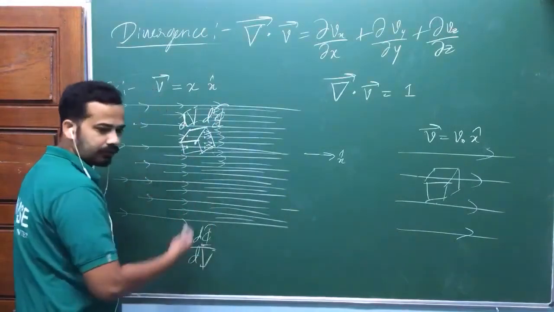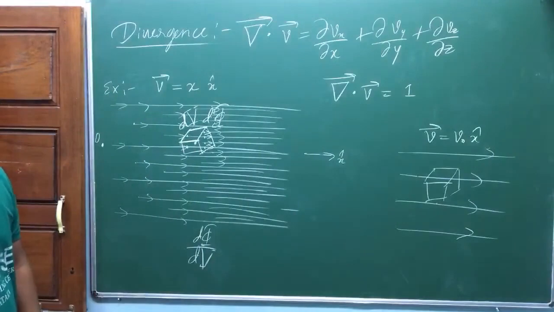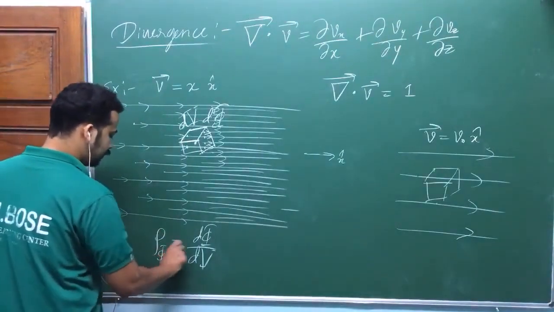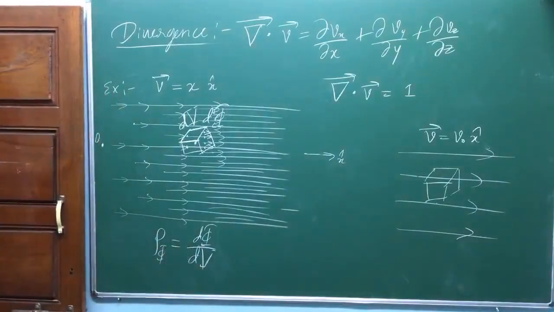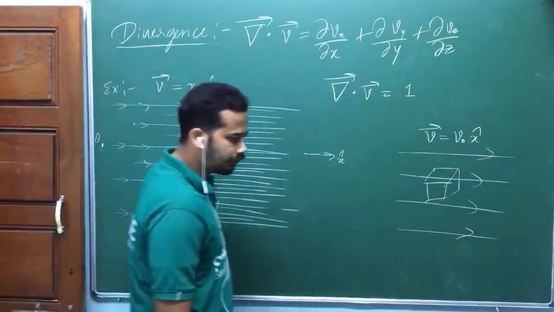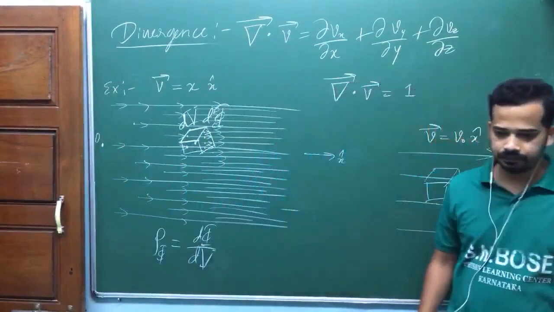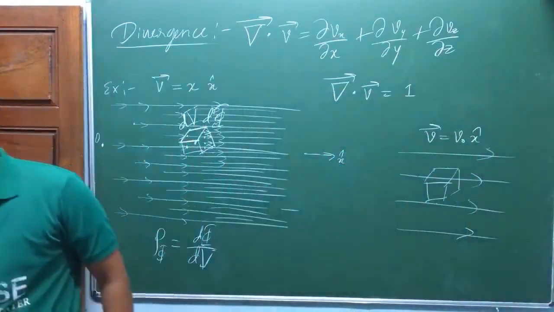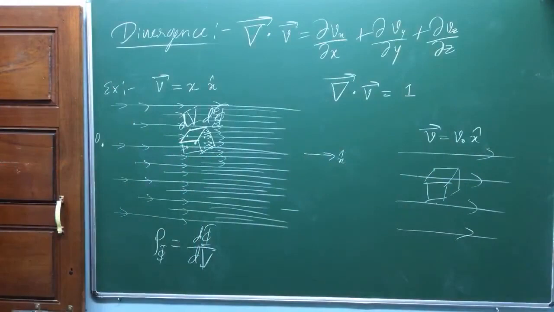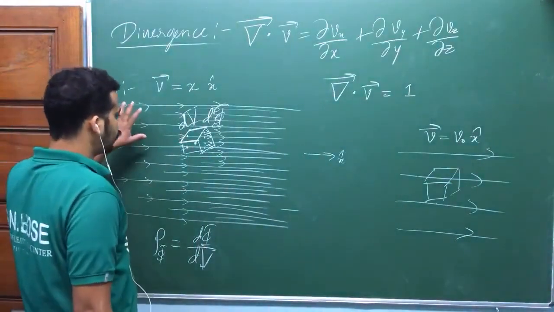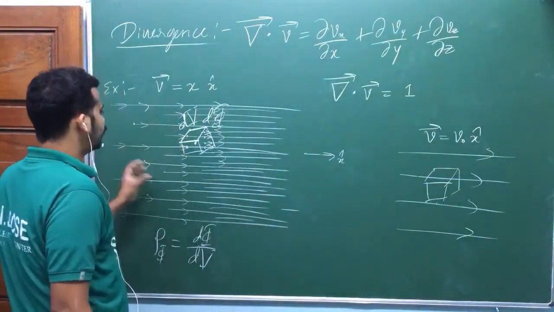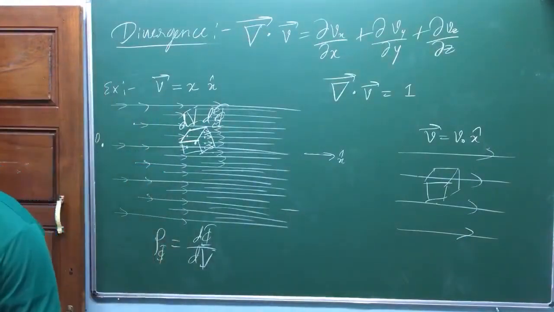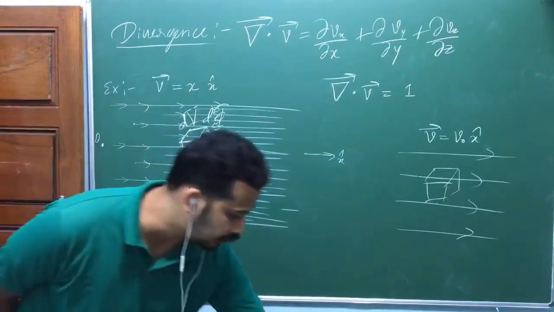You can call it a kind of flux density, isn't it? Flux density rho phi, can I say like this? Volume density of outward flux. And that volume density of outward flux is non-zero. That means wherever you take an infinitesimal volume, you will get outward flux. So observe that fact. That's a very good example.